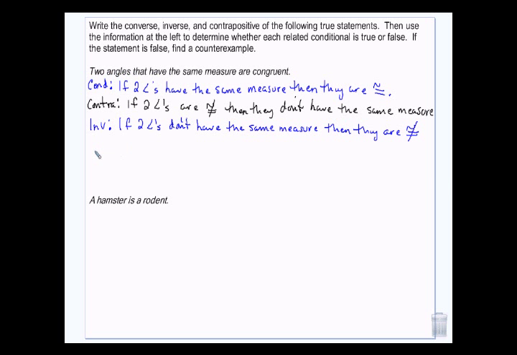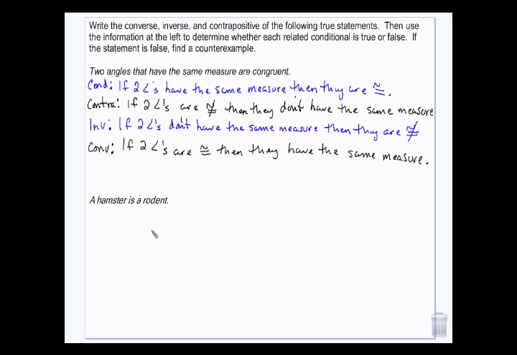And then finally we have the converse, which is just flipped. So if two angles are congruent, then they have the same measure. Okay.